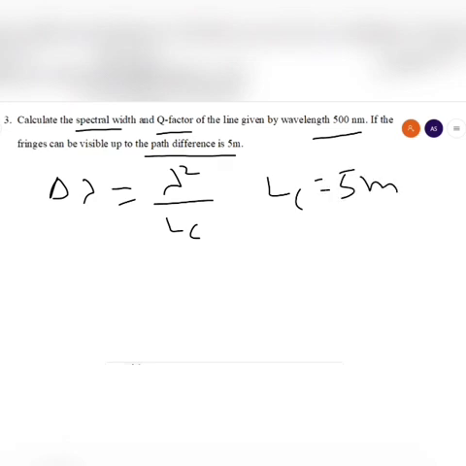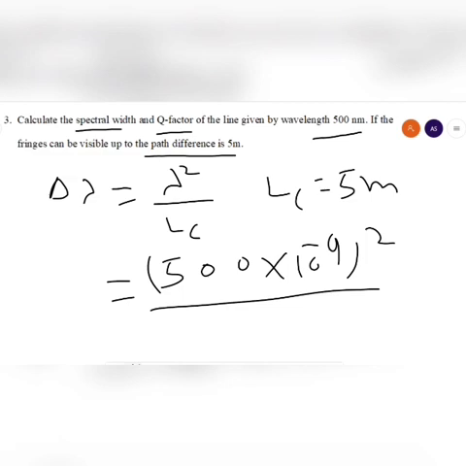Above the coherent length you cannot see any fringes. When the path difference is less than the coherent length, you can see the fringes. It means that here the path difference is equal to the coherent length because fringes can be visible.